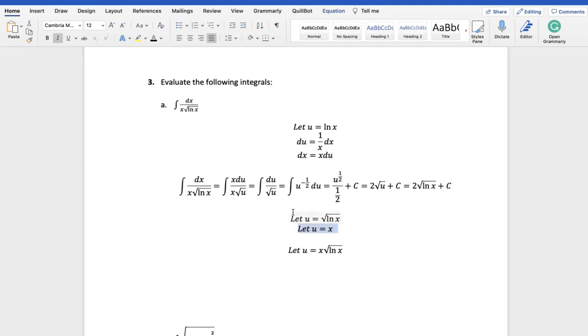And the whole reason why you're doing U substitution is you're trying to simplify the expression enough so that you can solve the integral. So just give me a minute. Right.